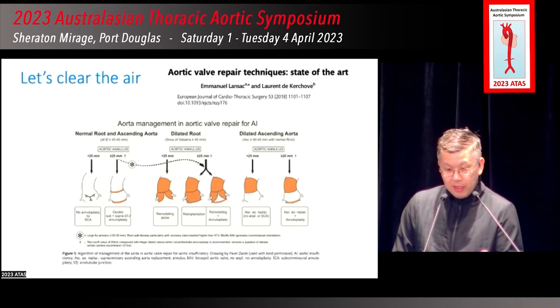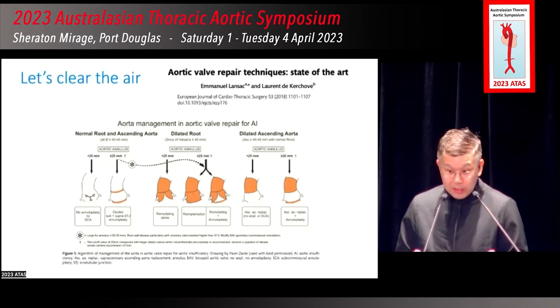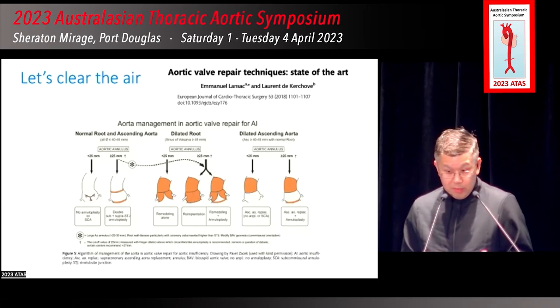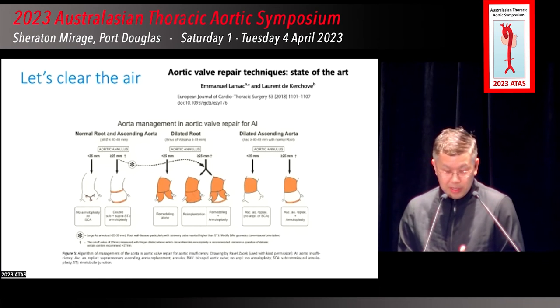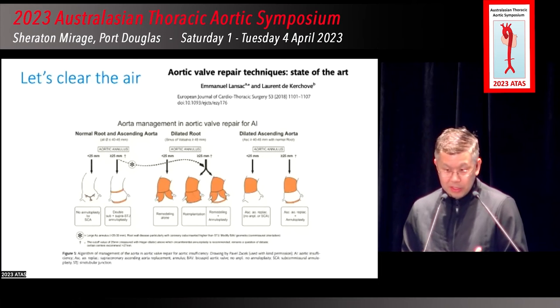If you've got a dilated annulus, you may need to do a double annuloplasty. If you've got a dilated root, you can do a number of things: reimplantation, remodeling, and if you have a dilated ascending aorta, you can do annuloplasty or an ascending replacement. So they categorize the different techniques based on the pathologic condition of the patient.